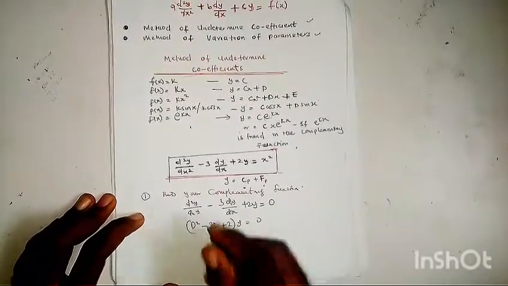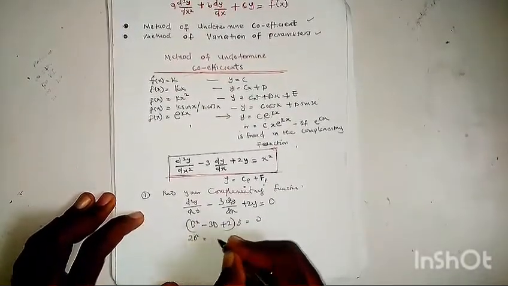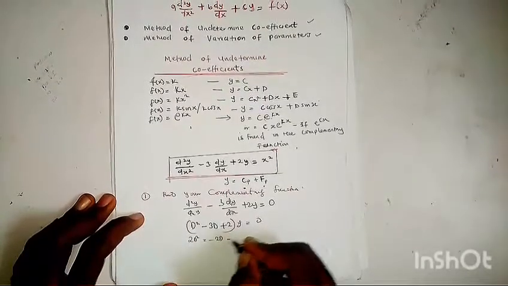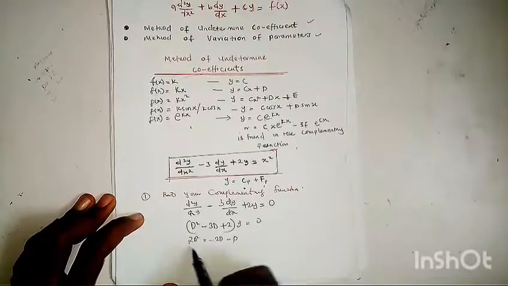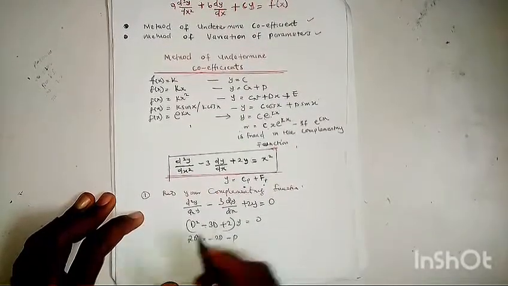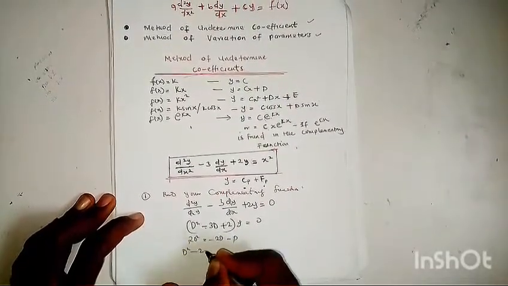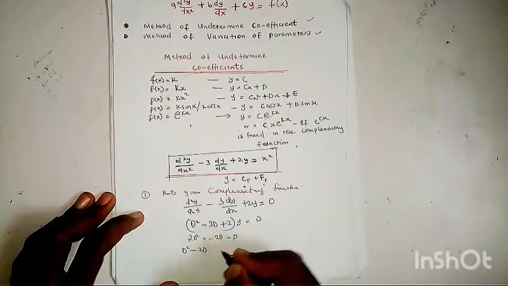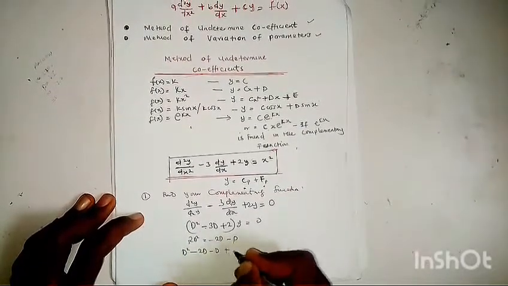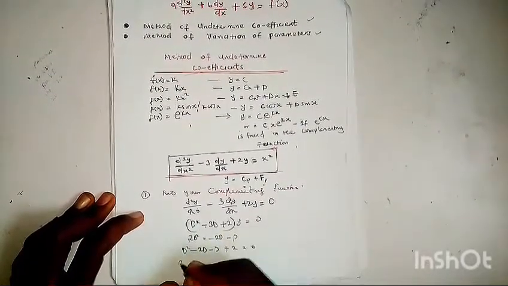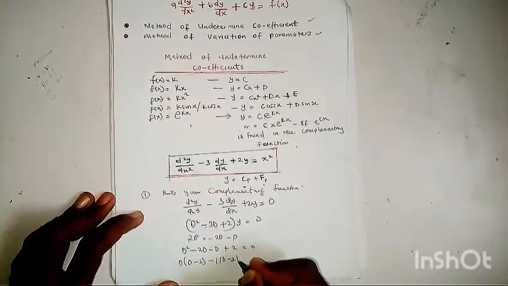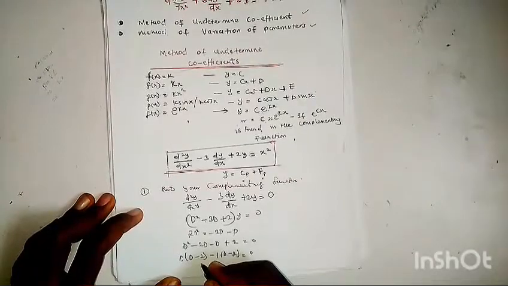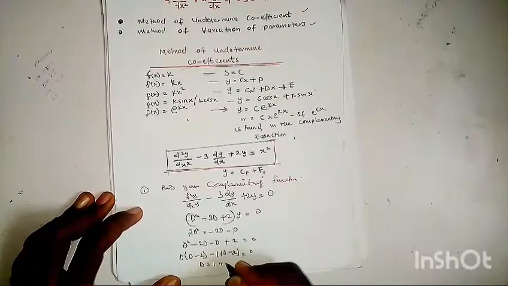Factorizing this, we need two numbers that multiply together to give 2 and add to give minus 3. So we have D squared minus 2D minus D plus 2 equals 0. So we have D minus 2, times D minus 1, equals 0. So basically D is equal to 1 or 2.